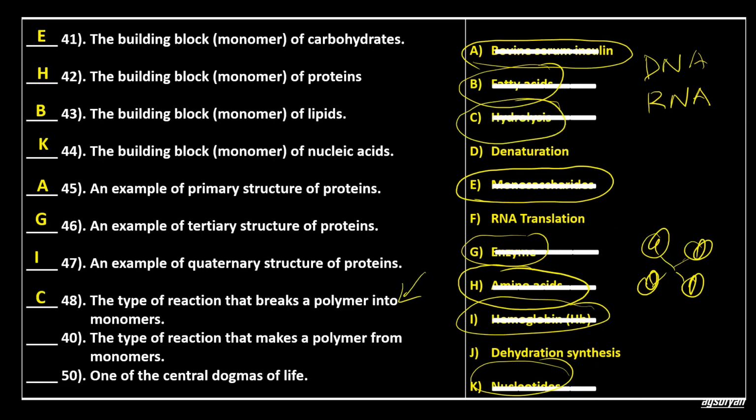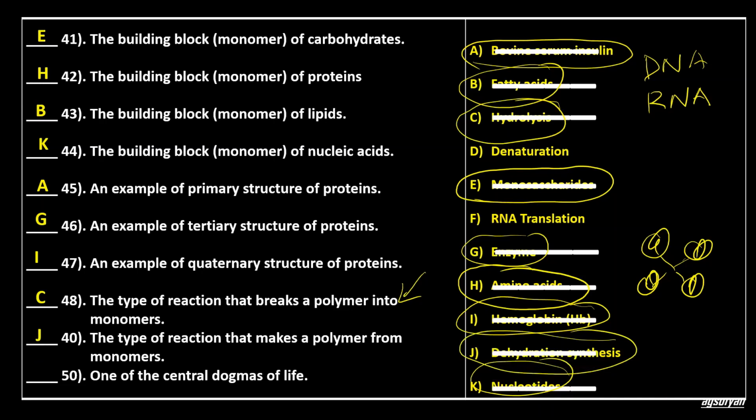The type of reaction that makes a polymer from monomers is the opposite of hydrolysis. It means that we have to take water out. It's called dehydration, so the process is called dehydration synthesis.